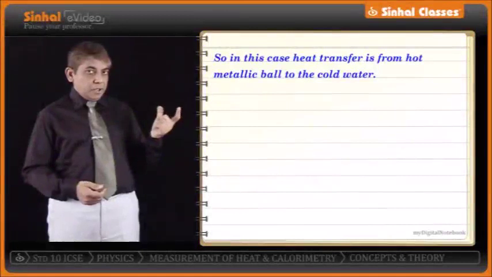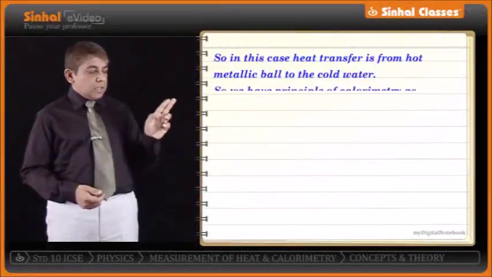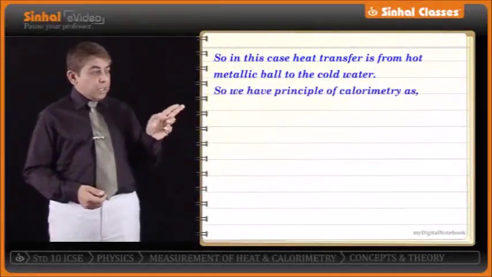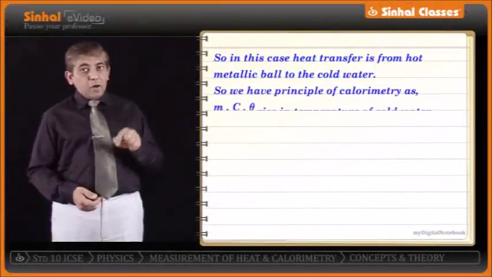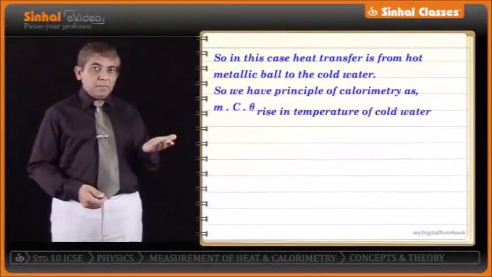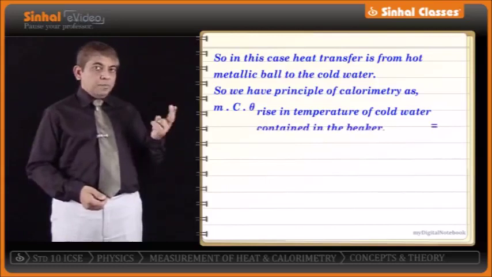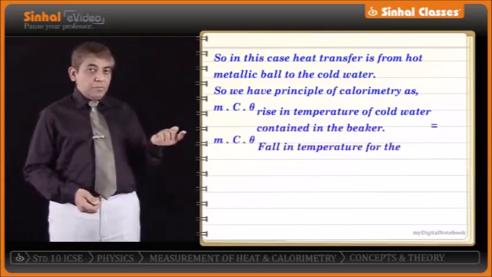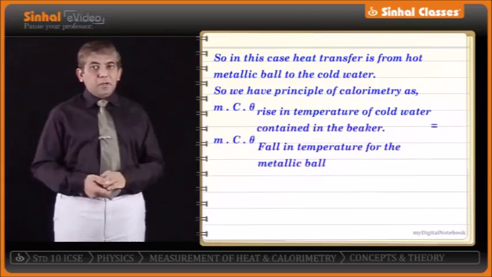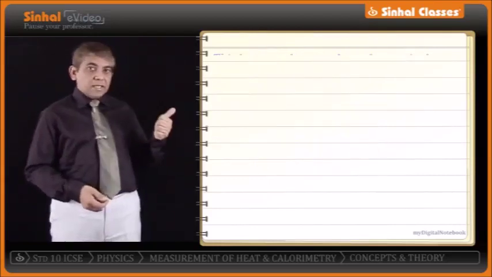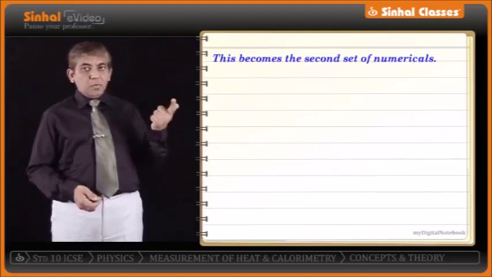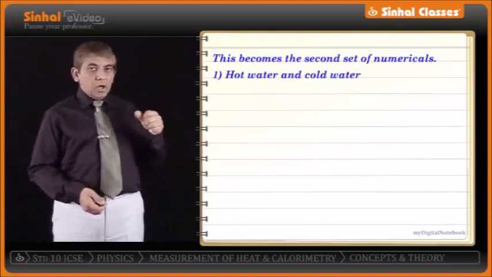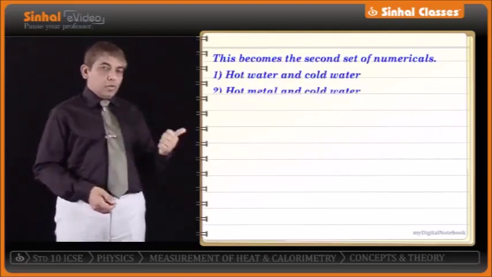So we have the principle of calorimetry as mass into specific heat capacity into rise in temperature of cold water that is contained in the beaker is equal to mass into specific heat capacity into fall in temperature for the metallic ball. This becomes the second set of numericals. First one, hot water, cold water. Second one, hot metal and cold water.